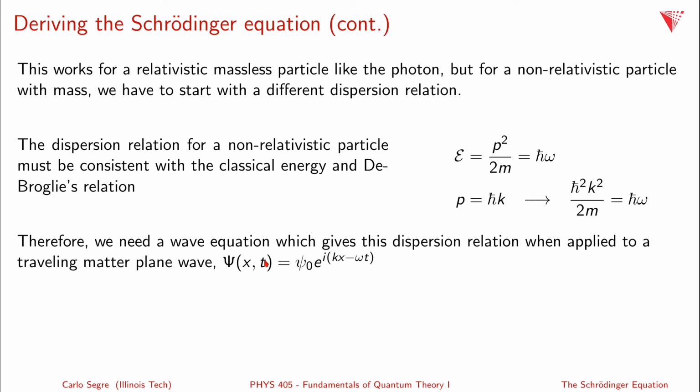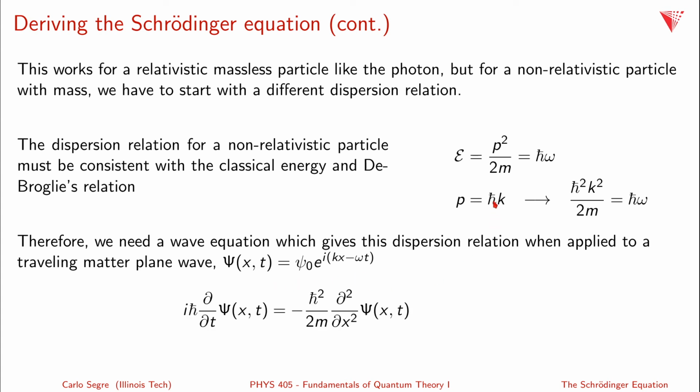So we need a wave equation which gives a dispersion relation when applied to a traveling wave. Let's assume that we have a plane wave as a wave function, as a function of x and t, that has an amplitude, and then has e to the i kx minus omega t. It's a traveling wave. So this is a plane wave, a matter wave.